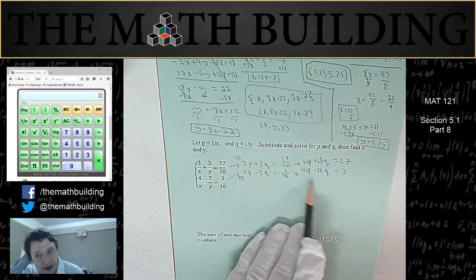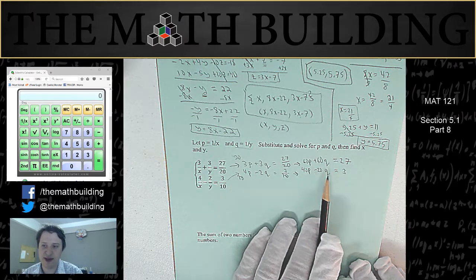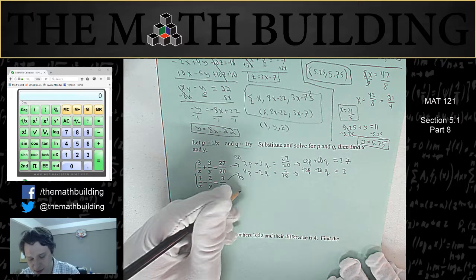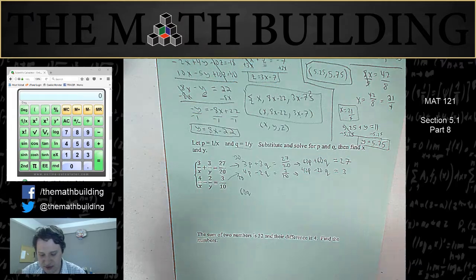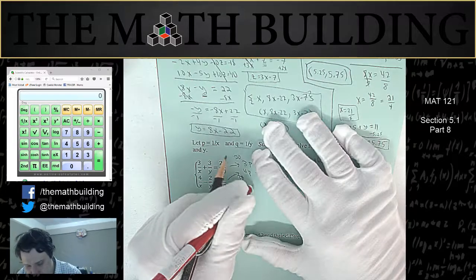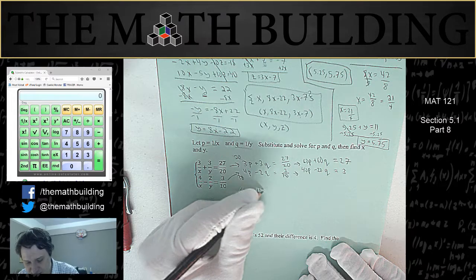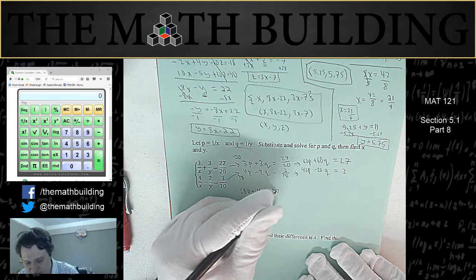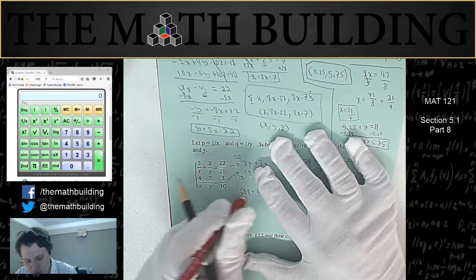So let's multiply the bottom equation by 3, because then we would have positive 60q and negative 60q. I'm just going to rewrite the top equation over here, which is 60p plus 60q equals 27. And on the bottom, we're going to multiply the bottom equation by 3.